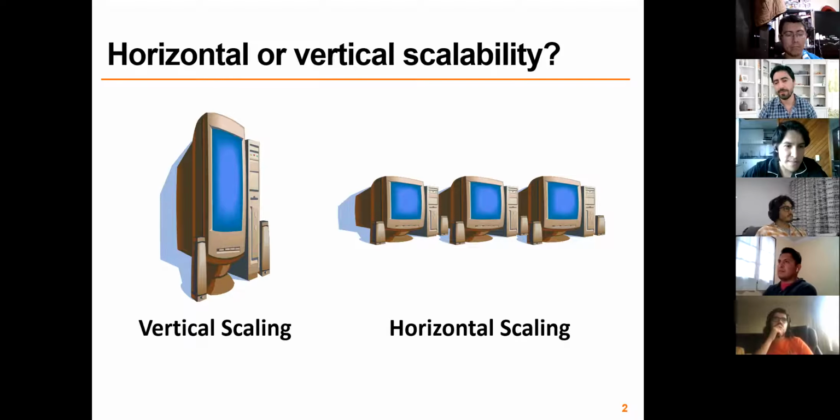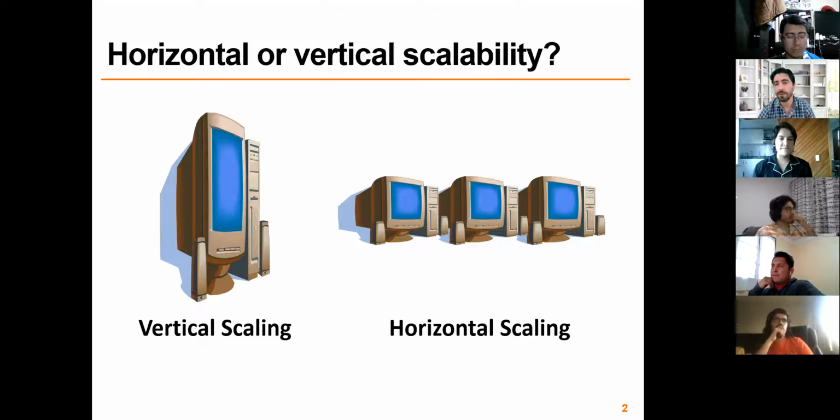So you have a server, users are connecting, your business grows, your server needs to handle more people or a bigger database, so you start adding resources. But horizontal scaling is adding more nodes to the network.